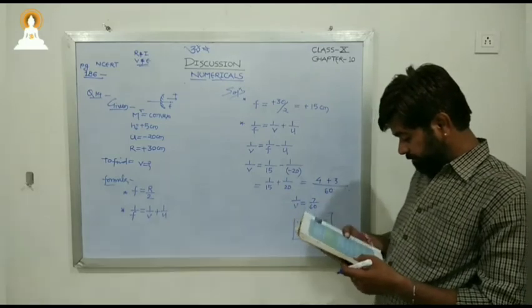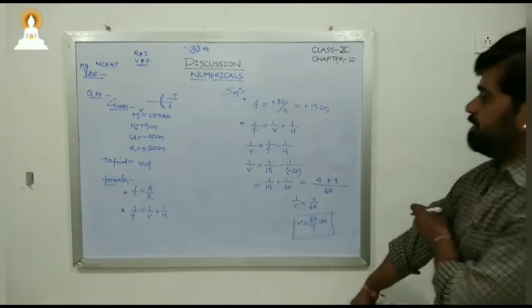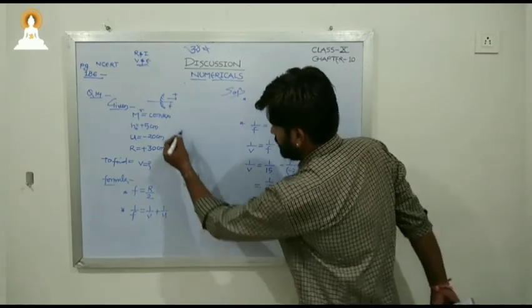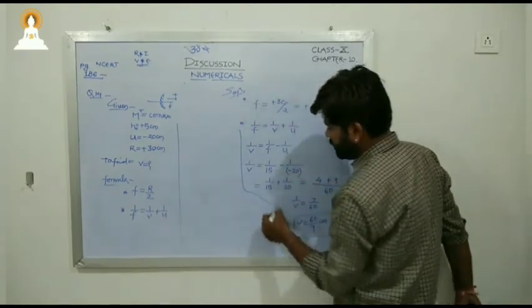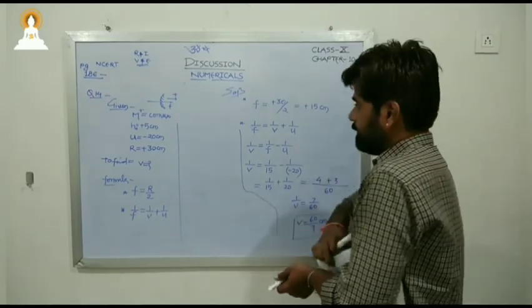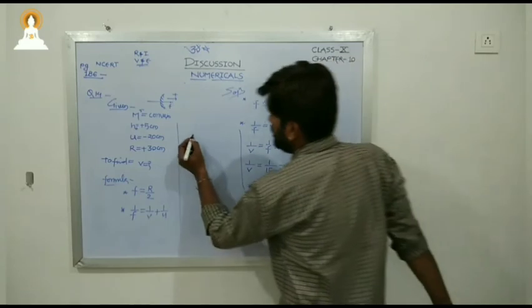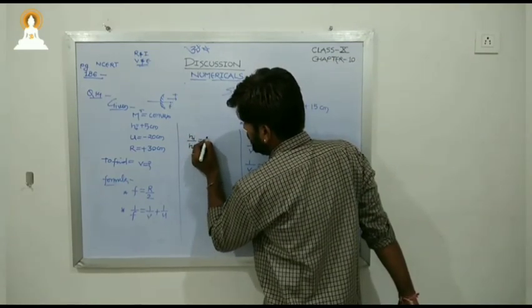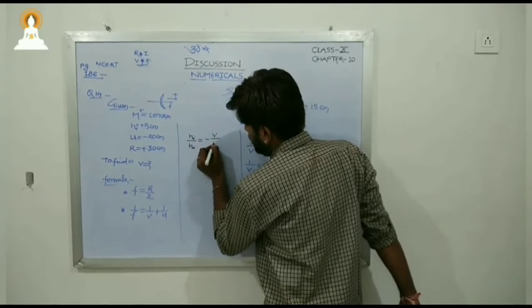So this is position of image. Now size of image. Height of object is given. If I talk about size of image, then we know that in case of mirror, height of image upon height of object is nothing but minus times v by u.